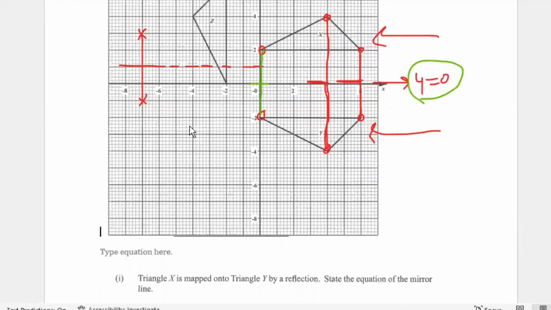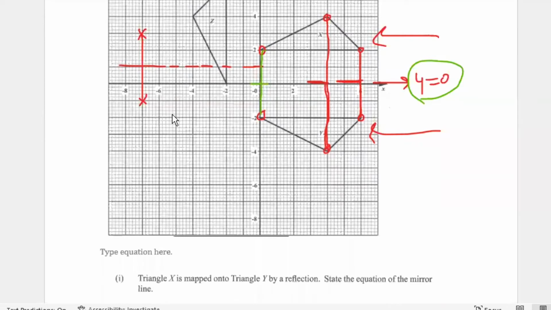Giving another example, you count the number of spaces between them and divide by 2. That is basically what you're doing, especially on a graph, where it is easier to identify the mirror line. You're looking for the equal distance between both points. You're always dividing by 2, because anywhere your mirror line is, both your object and your image are the same distance away from it.